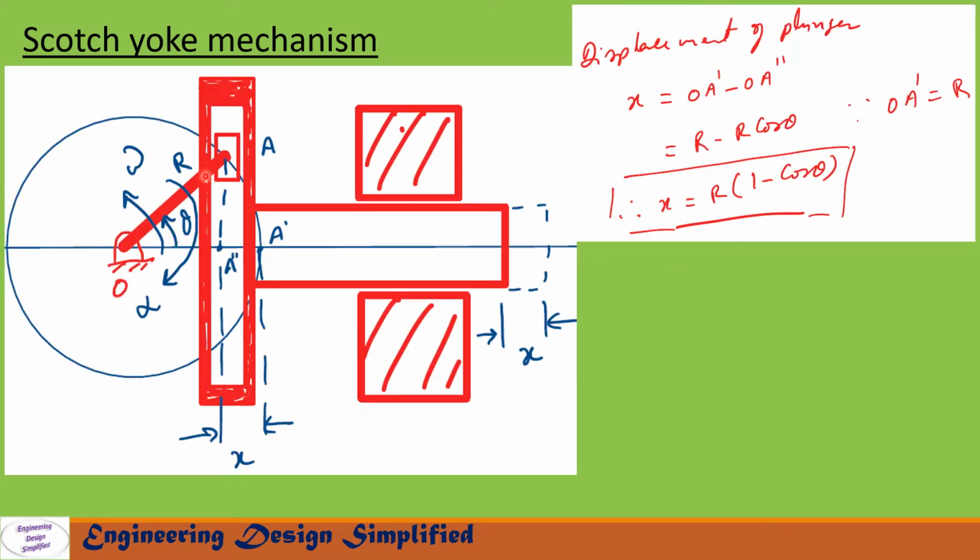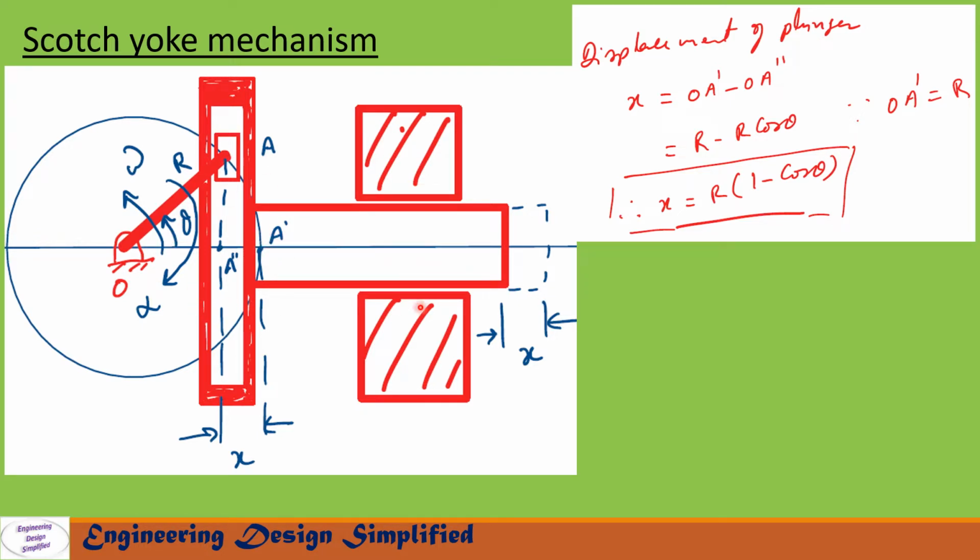If the crank rotates, let us say in the counterclockwise direction with an angular velocity omega, and this crank length we call r. This point we call A and this point A prime. In the initial condition, when the crank angle theta equals 0, A will coincide with A prime.